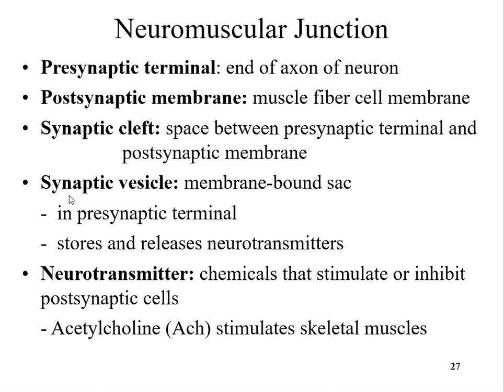The purpose of these vesicles is to store chemicals called neurotransmitters. These are specific chemicals that the neuron produces that can either stimulate or inhibit the postsynaptic cells it's signaling.